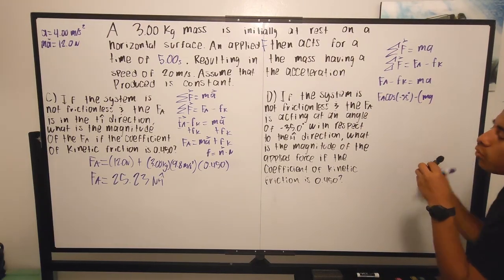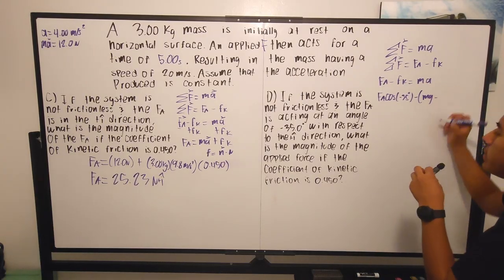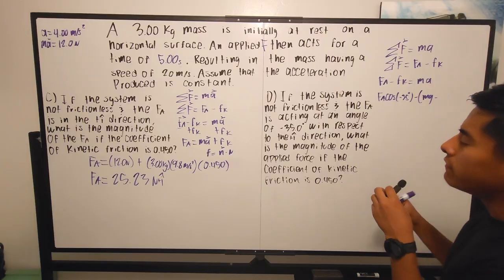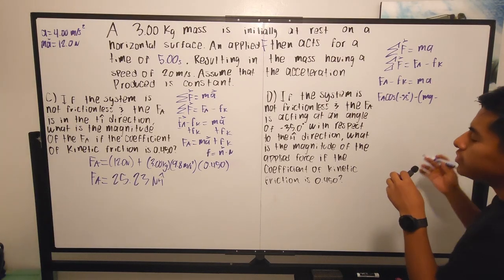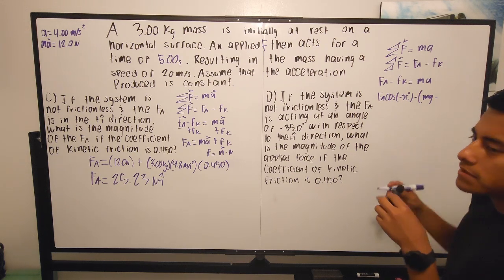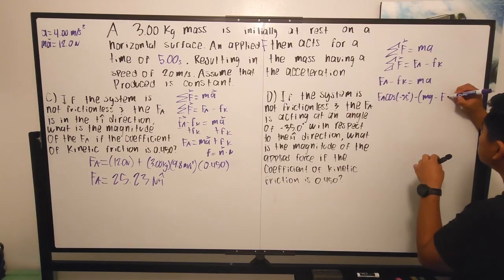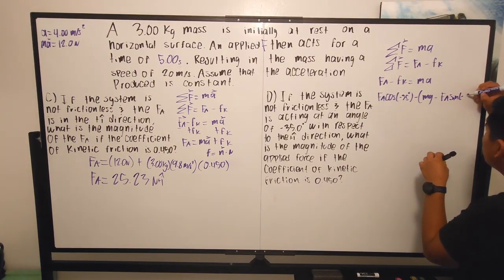So it's going to be mg, which is the normal force just by gravity alone, and then minus the applied force. Since it's in the vertical, it's going to be sine of negative 35. No, not mg. It's going to be the force applied times the vertical component of that, which is the force applied multiplied by the sine of negative 35 degrees.